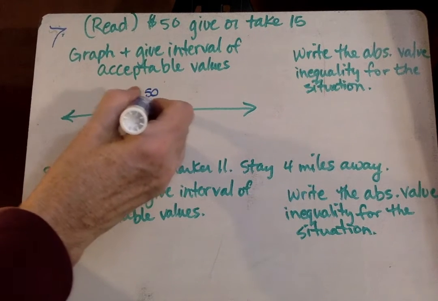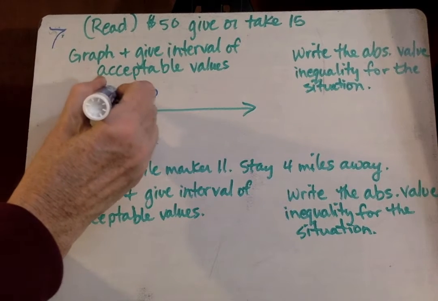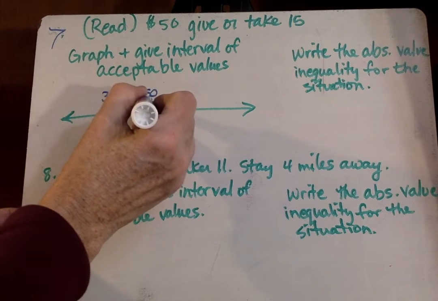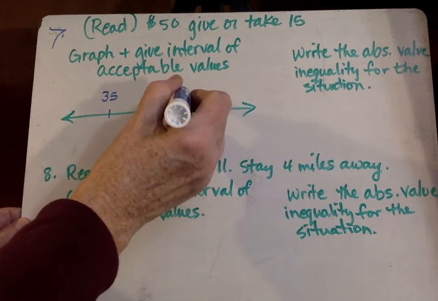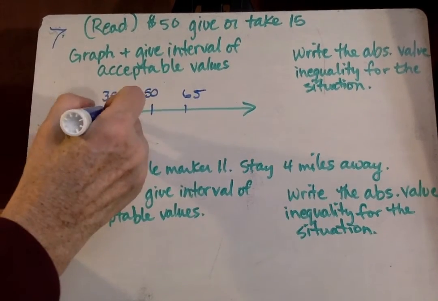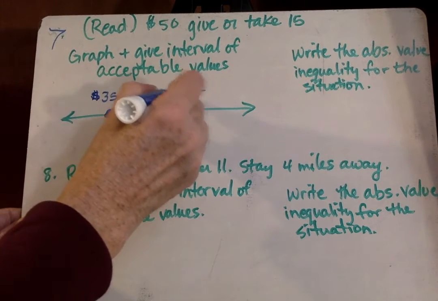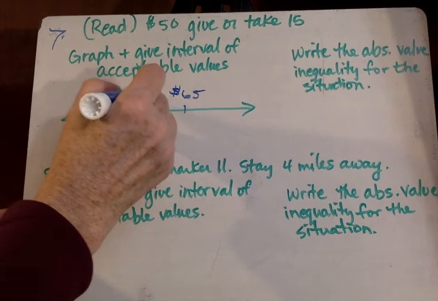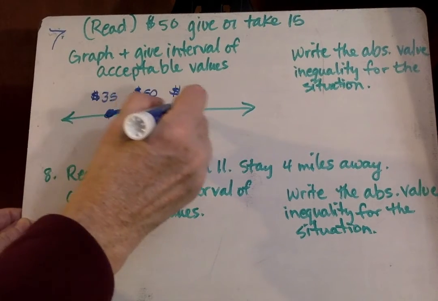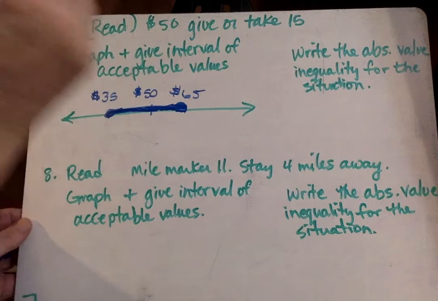If we take 15 from 50, we're going to have 35, and if we add 15, we're going to have 65. So we have somewhere between $35 and $65. Is that going to be less than, or greater than?